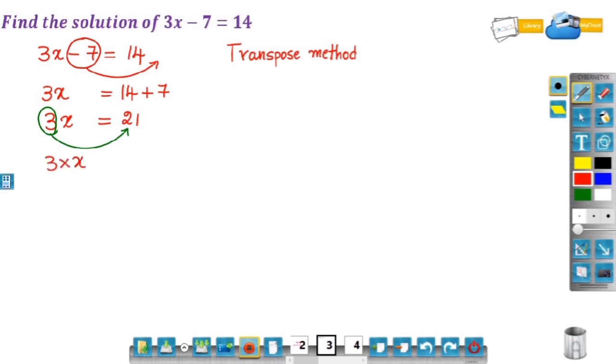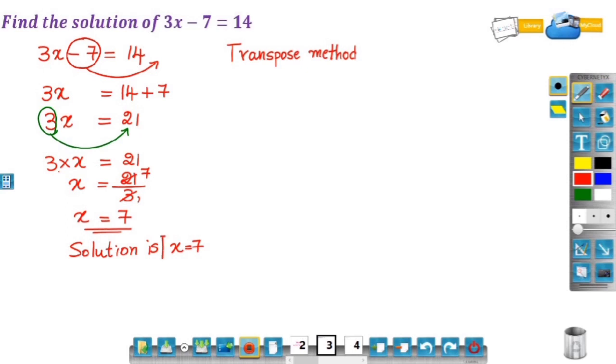So x is equal to 21 divided by 3. 3 sevens are 21. We have to write in the simplest form. So x is equal to 7 is the solution of the given equation.